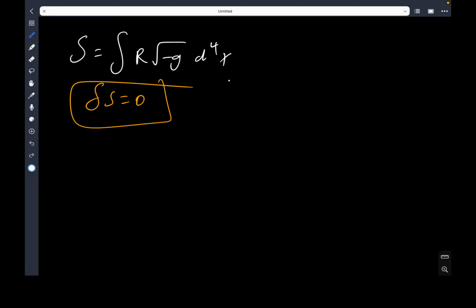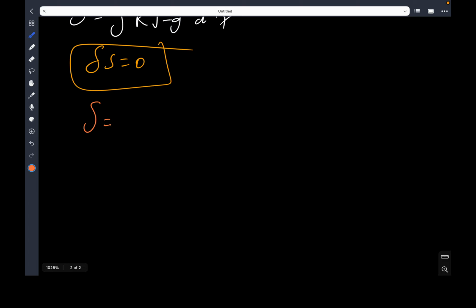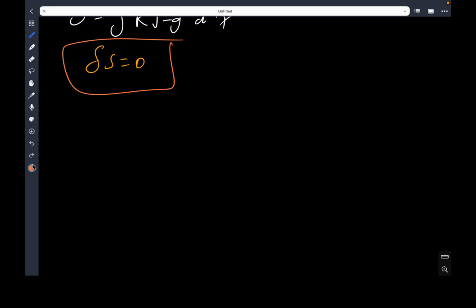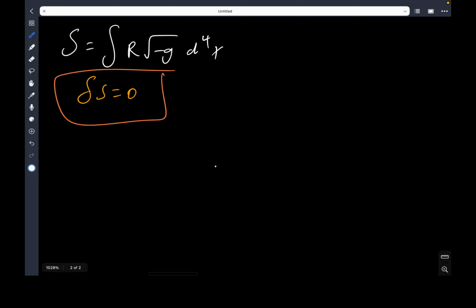You should understand the action, which is defined as S equals the integral of the Lagrangian with respect to time, where the Lagrangian is the difference between kinetic and potential energy. And you should understand what delta S equals 0 means here. I'm not going to explain it in this video because this video is going to be long itself. I don't want to make it longer.